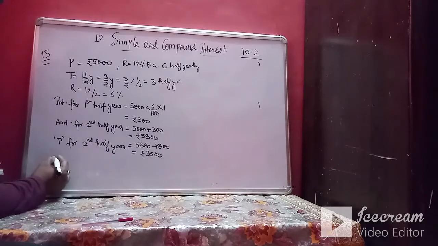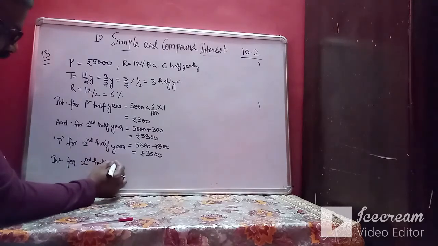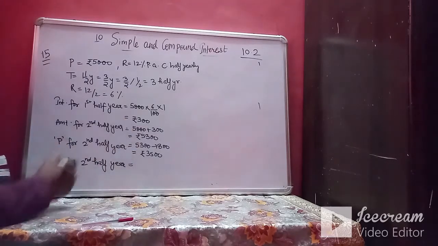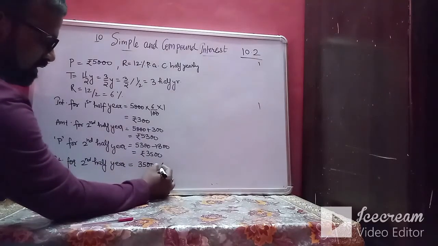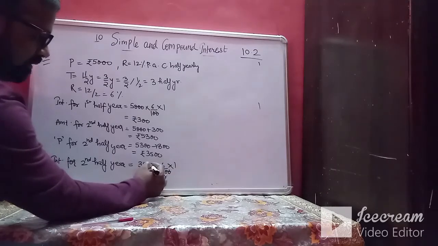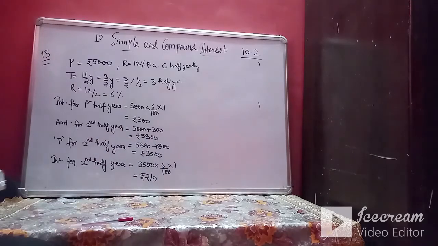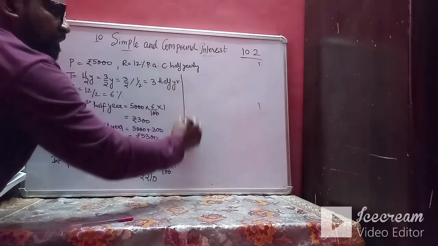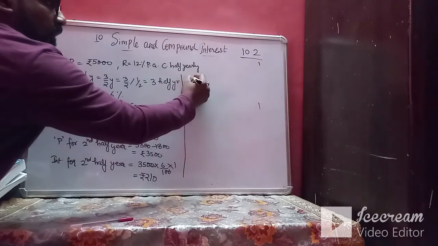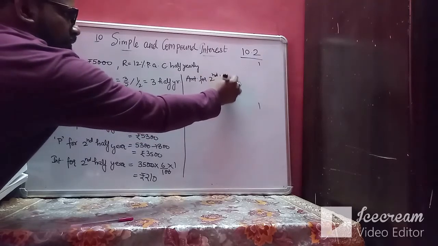Next we will calculate interest for the second half year. So what will be the interest? This will be the principal, 6 upon 100 into 1. So interest will be 210 rupees. Then again the same thing we will calculate here. Amount for the second half year.